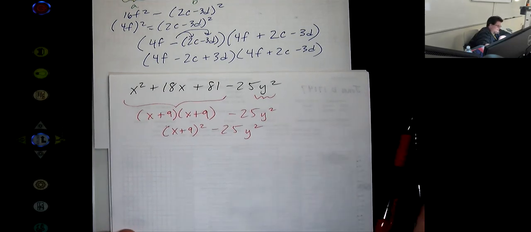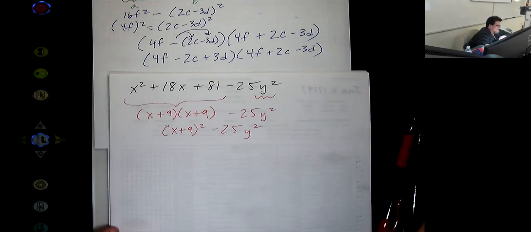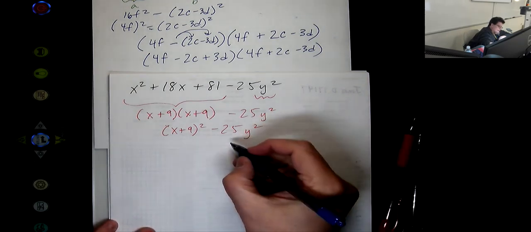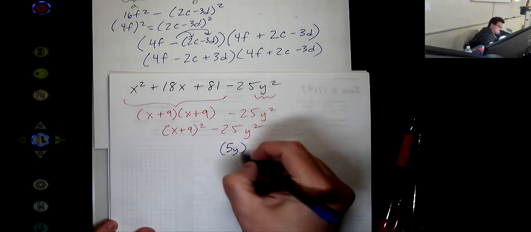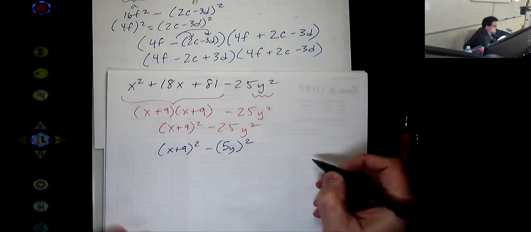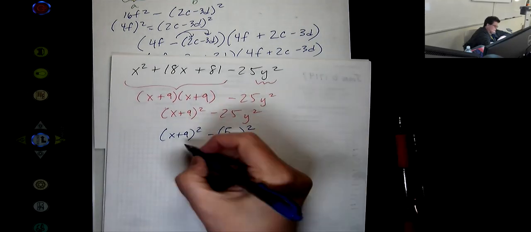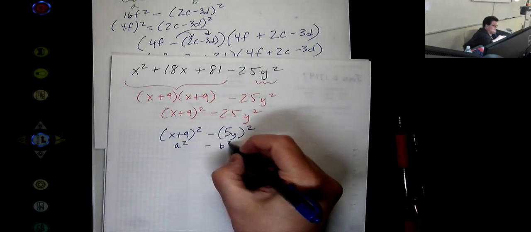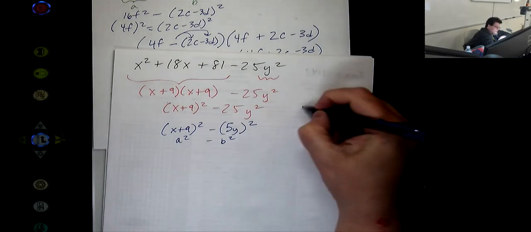What do I got going on here? If I write this as 5y squared, and I've got x plus 9 squared, sure looks like I've got the difference of squares. That's what this is called, difference of squares.